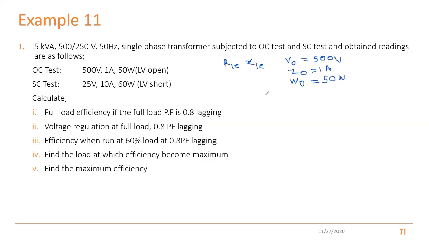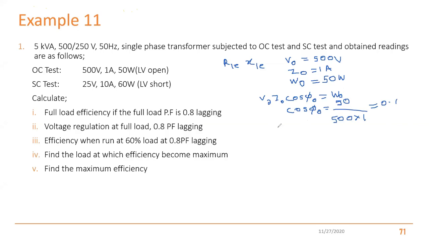If you recall the earlier equation, V naught I naught cos phi naught should be equal to W naught. From that you can find cos phi naught, as W naught is 50, so 50 divided by 500 into 1, which is 0.1. So cos phi naught is known.